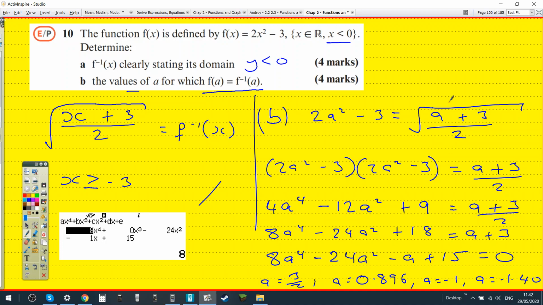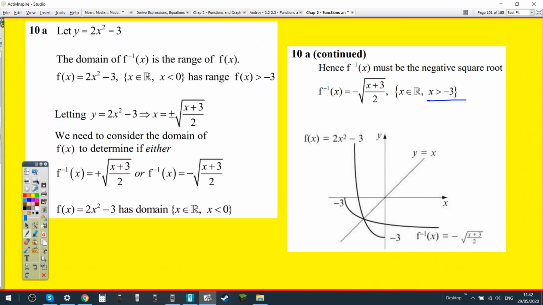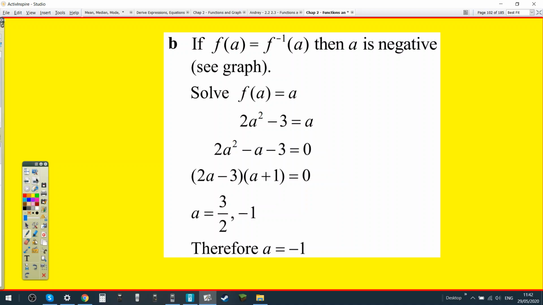Yeah. What might the answers be for this one? Minus 1 and minus 1.4. I think so, because the others aren't on the graph at all.